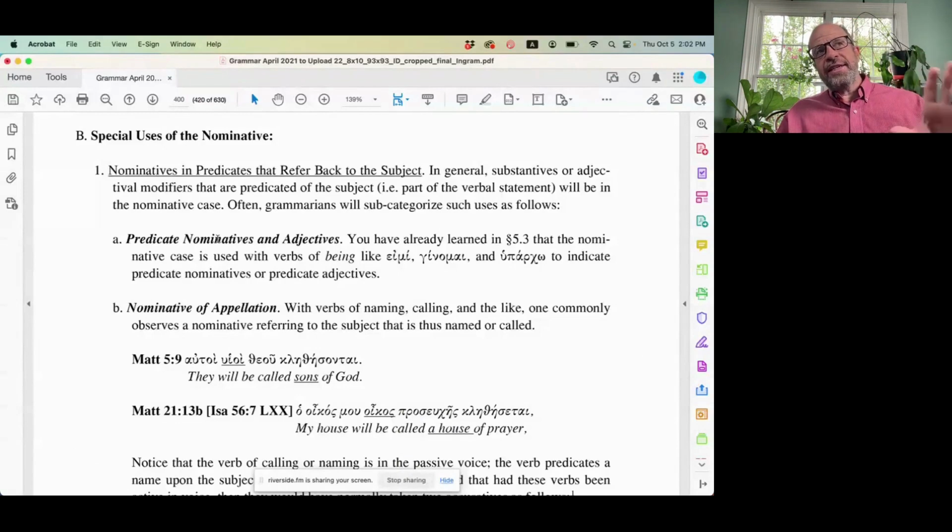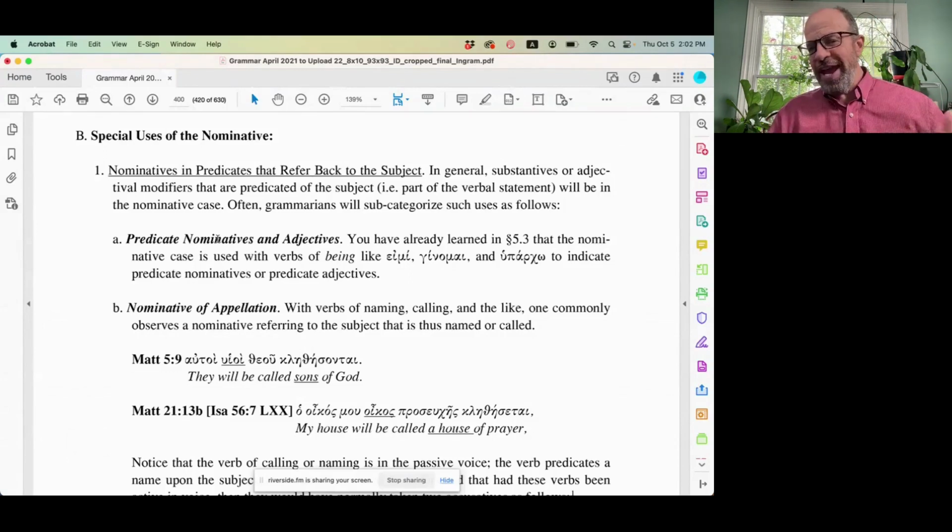And so that other entity is called a predicate nominative, and it's put into the nominative case because you're using an equative verb, a verb of being, a verb of something that is. And so when you're saying that a subject is something, that something refers really closely to the subject, and it's going to share its nominative case. So predicate nominatives are one use of the nominative with verbs of being.